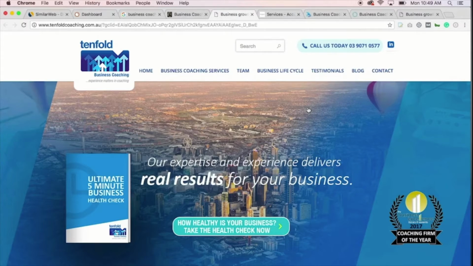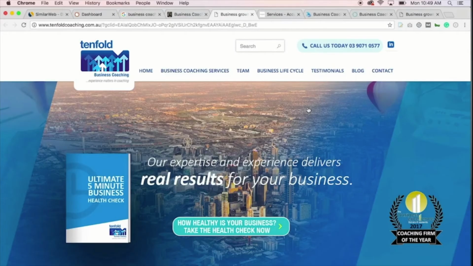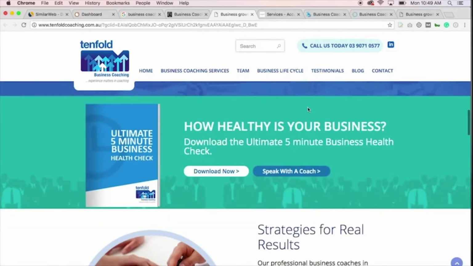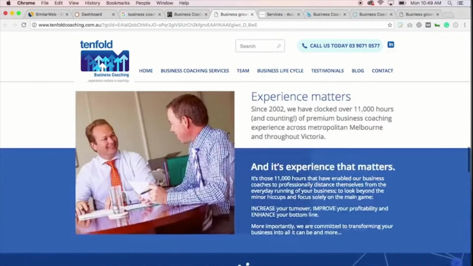It's good to take note of that, mark it down and save this URL, since this is the landing page from their AdWords campaign. There's still a lot going on on this page, and they've got the free report, download now, or speak with a coach. That's their 2 offers.